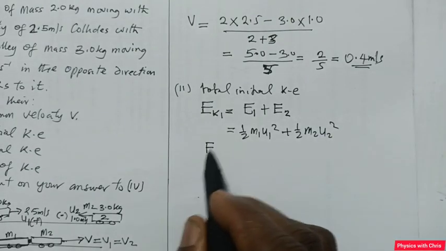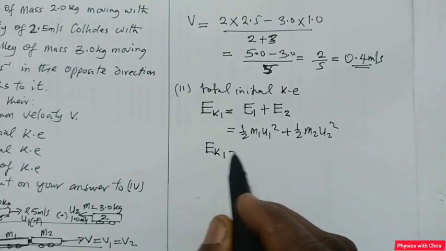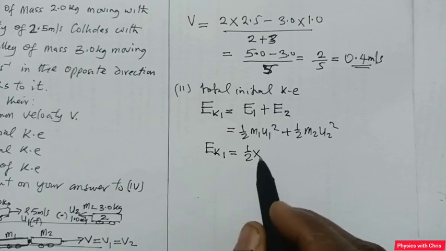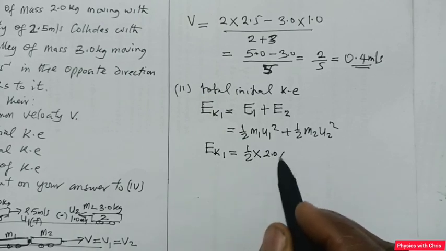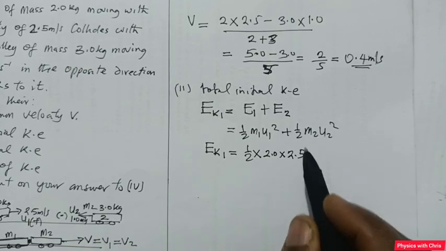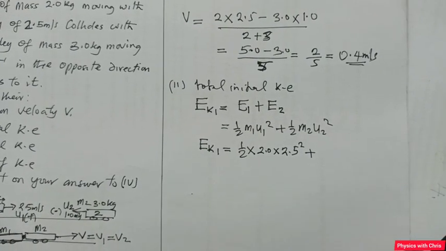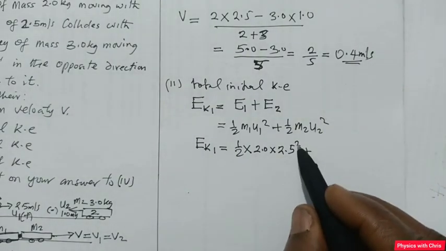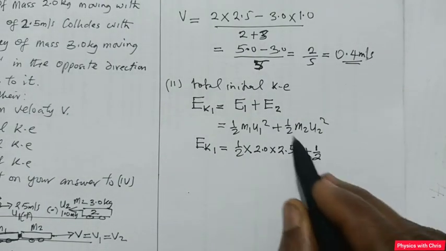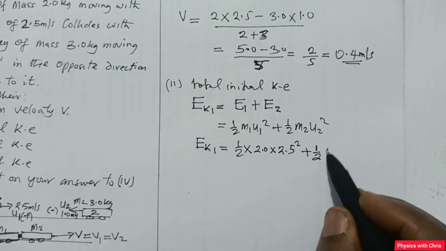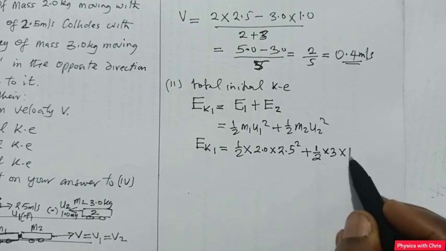Okay. So my total initial KE, EK1, becomes half times M1, which is 2, U1 is 2.5 squared, plus, don't forget to apply the square. My students, when they solve these, they always forget to include the square sign, that is multiplied by 3 times 1.0 squared.